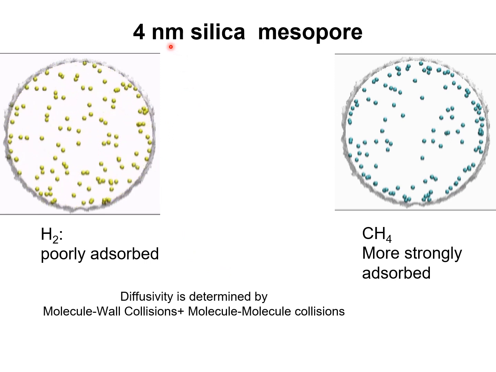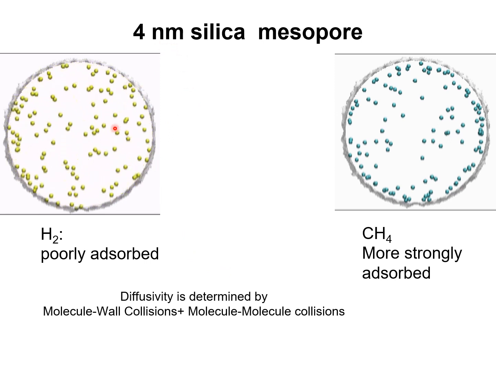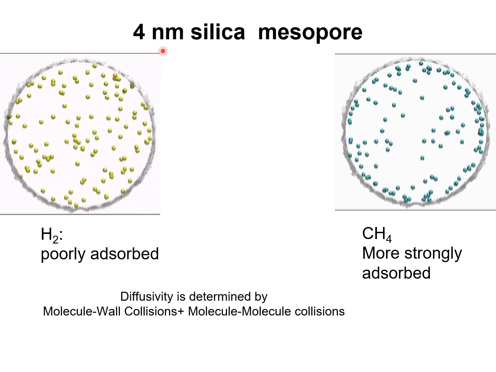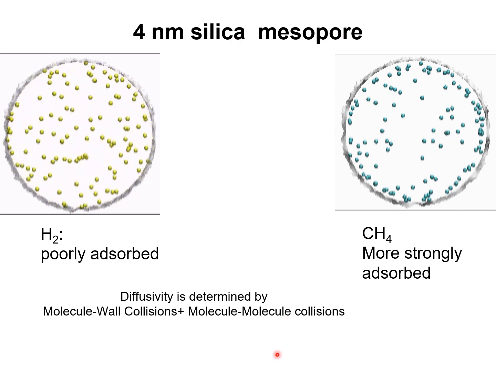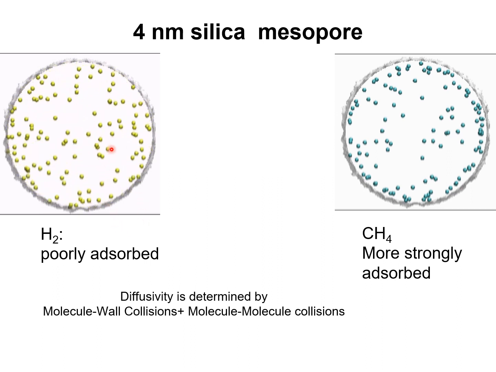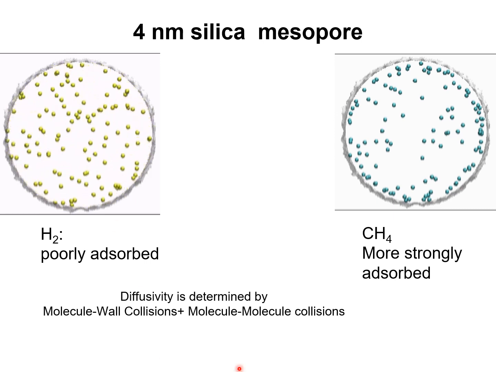Let's have a qualitative feel for this. We look at animations of the motion of hydrogen molecules inside a 4 nanometer silica mesopore, and we note molecule wall collisions taking place as well as molecule collisions in the central core region.